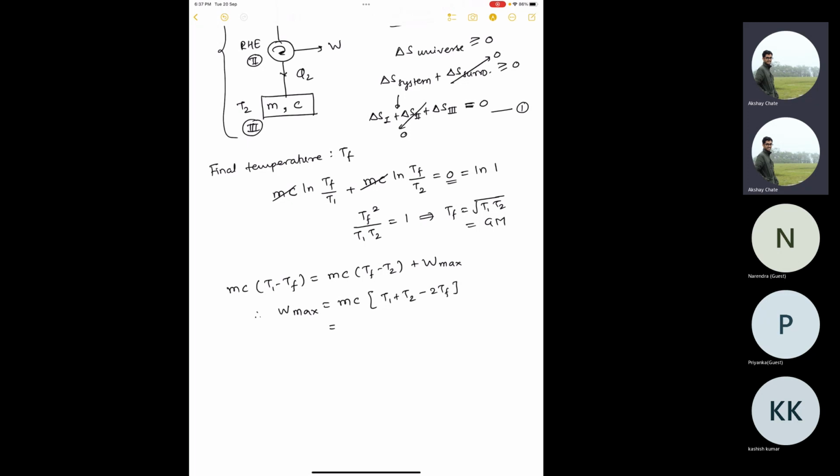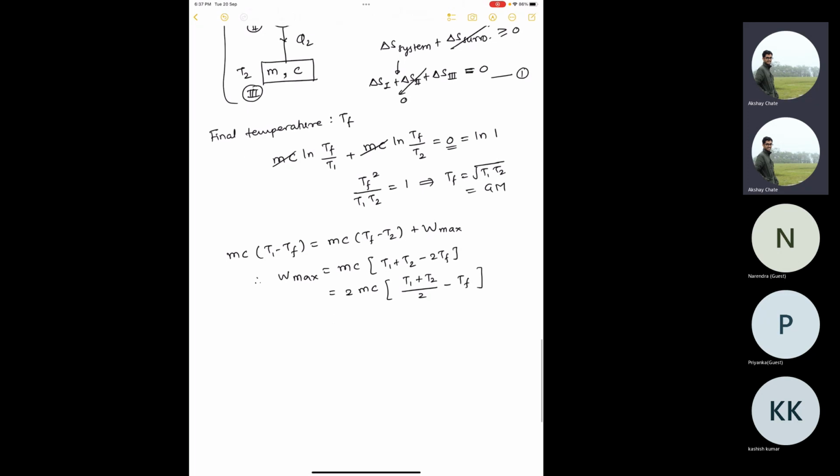Now, you can put the TF value there, or you can do a slight modification. Multiply and divide the whole thing by 2. So this will become 2MC times (T1 plus T2)/2 minus TF. I took 2 from the bracket and outside. Why did I do this? Because it gives you a general expression.